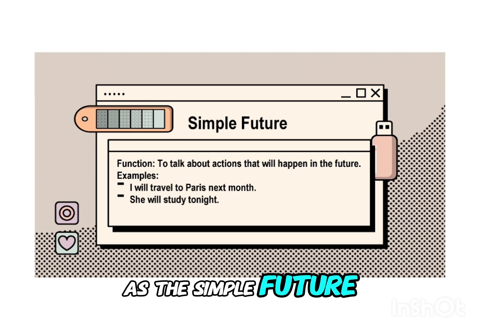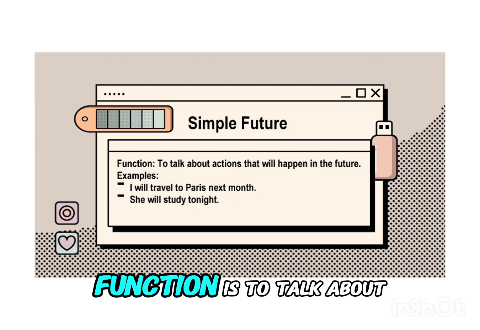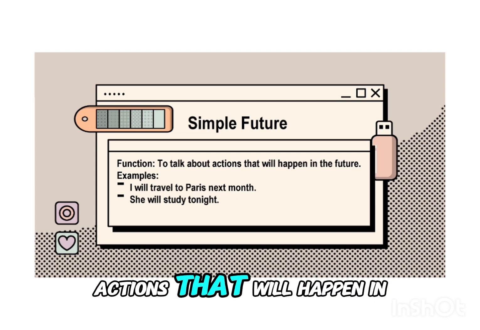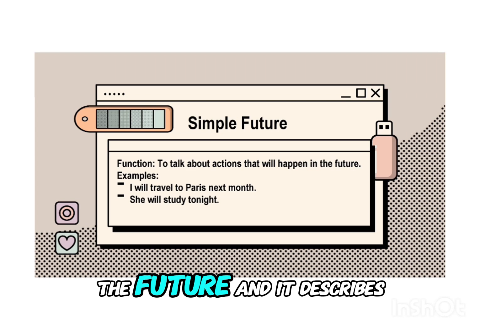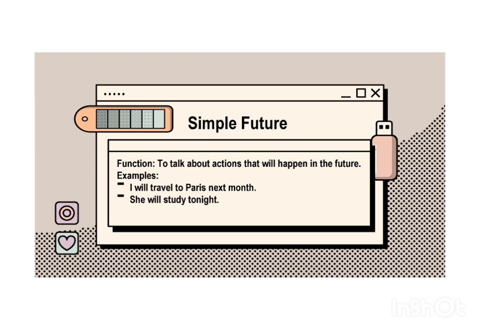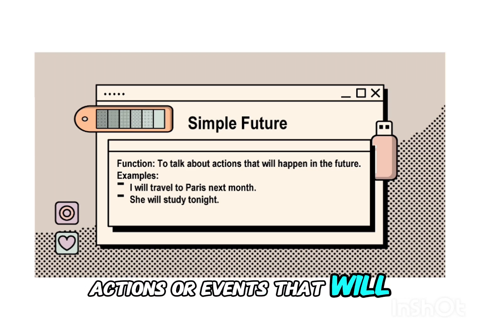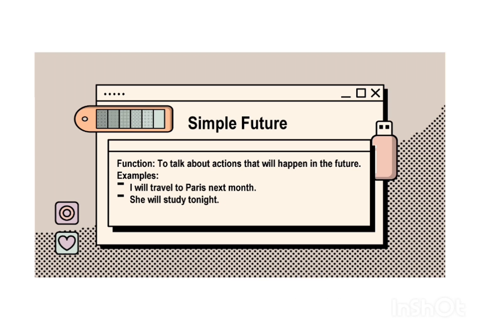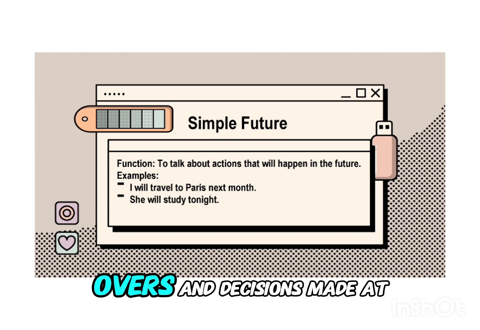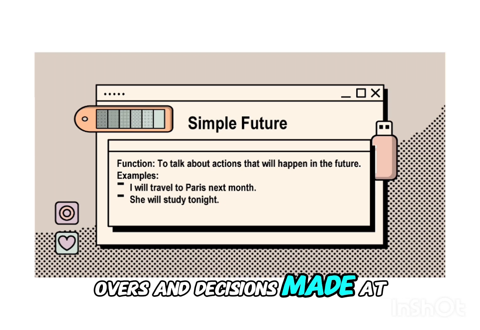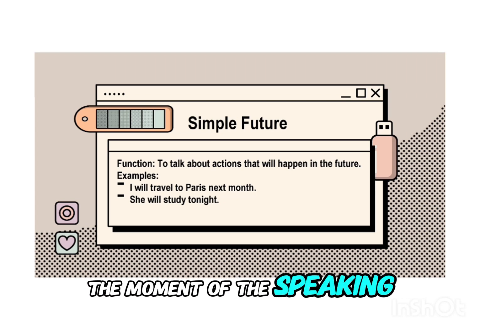The function of simple future is to talk about actions that will happen in the future, and it describes actions or events that will happen in the future, and is often used with predictions, promises, offers, and decisions made at the moment of speaking.